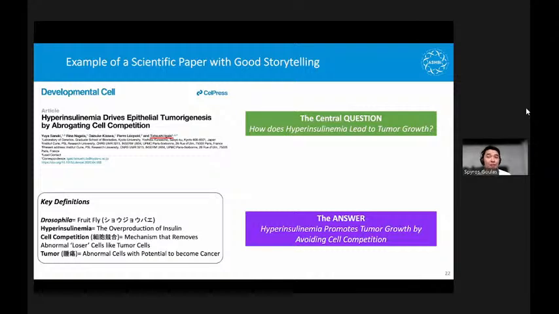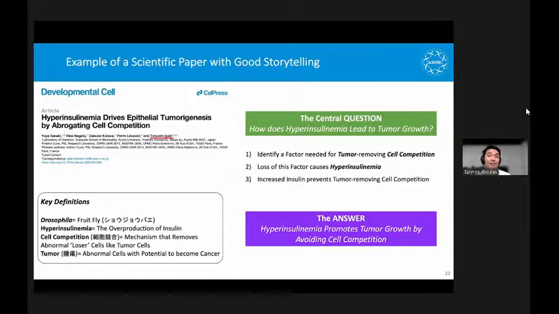And what they actually find is they identify a factor that is needed for tumor-removing cell competition, or saibokyogo in Japanese, which is a mechanism to remove abnormal cells. The loss of this factor results in the overproduction of insulin. This increased level of insulin prevents tumor-removing cell competition from occurring.